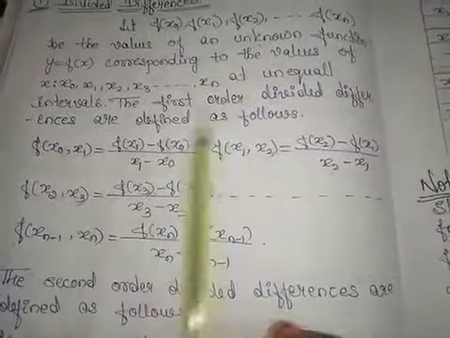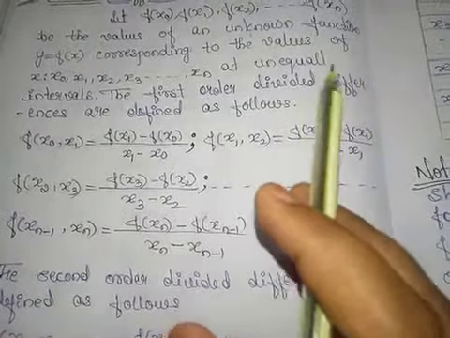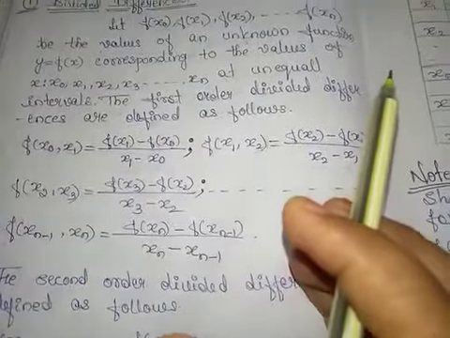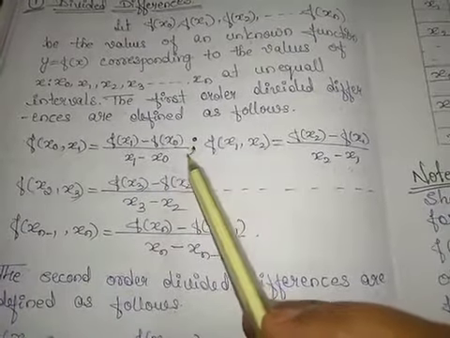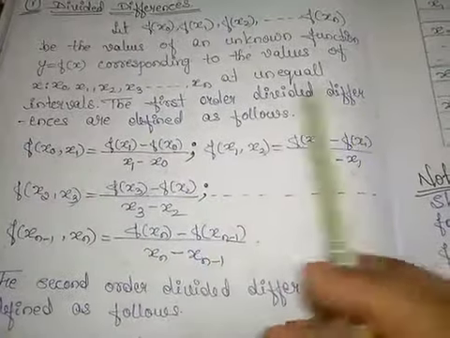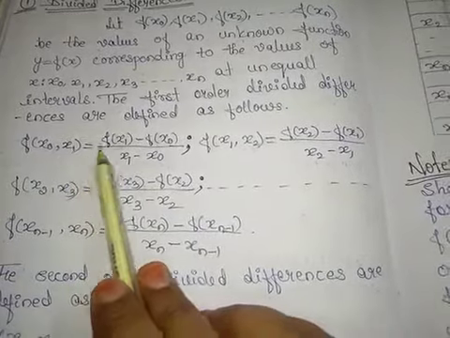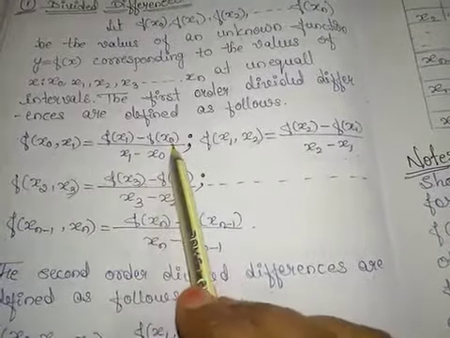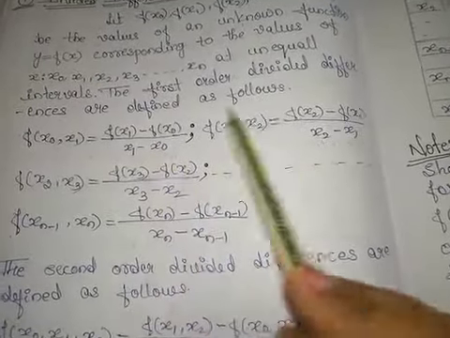In Newton's forward and backward, we simply take the difference of successive term minus preceding term, but here it is not like that. It has a specific formula. The first order divided differences are: f of x0, x1 is equal to f of x1 minus f of x0 divided by x1 minus x0.